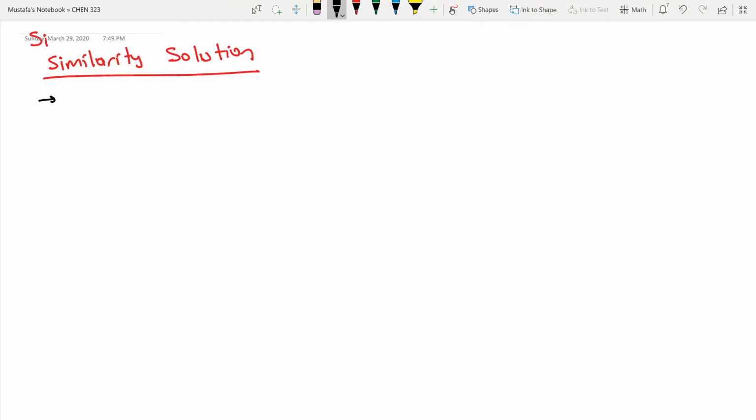Not as independent variables, but a combination of position and time will always appear when you are dealing with semi-infinite objects. So what does it mean? To be able to better understand this, let's talk about the dimensional analysis.